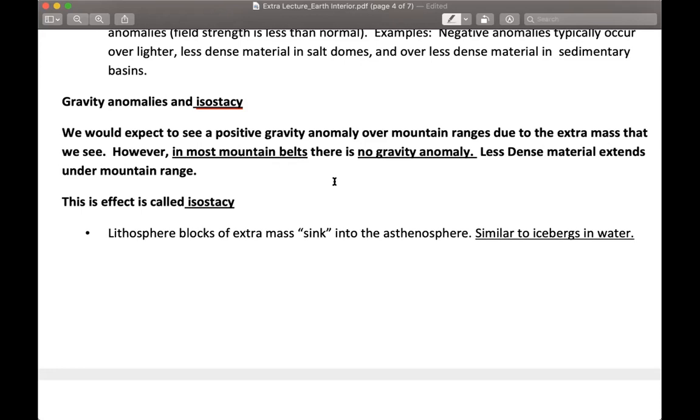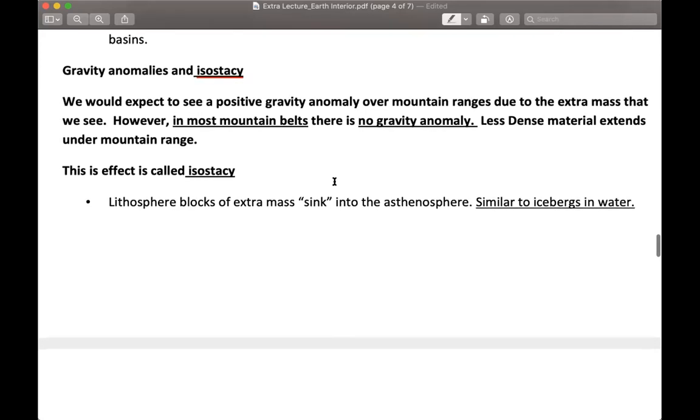Unless you have some specific materials like the Buttala case, right? The magnetite case. If you have a lot of iron-rich materials in that mountain, then definitely you will see a positive gravity anomaly. But if you have normal rocks there, you will not see this gravity anomaly, because there is some balance coming as a result of this isostasy, right?